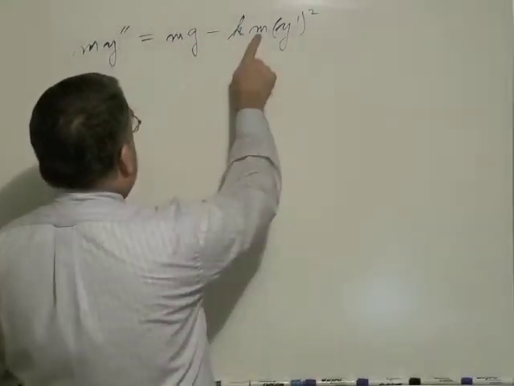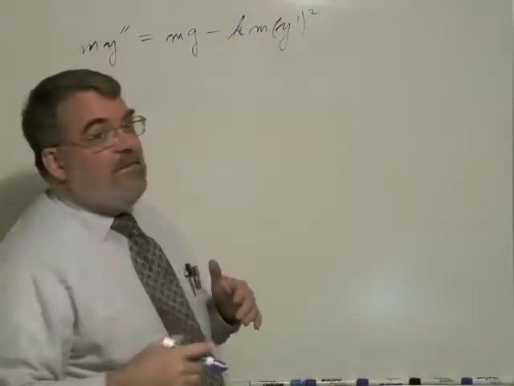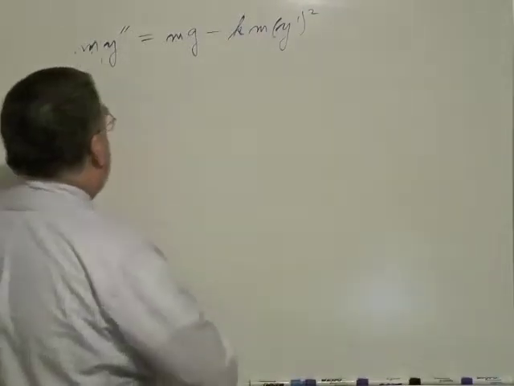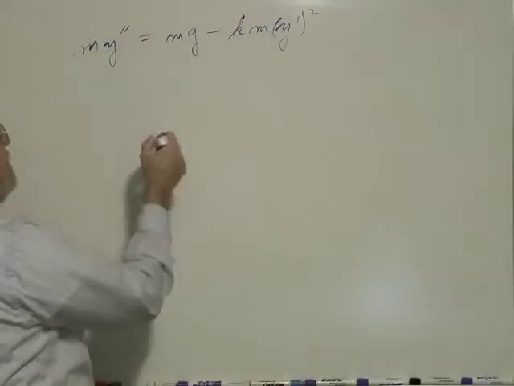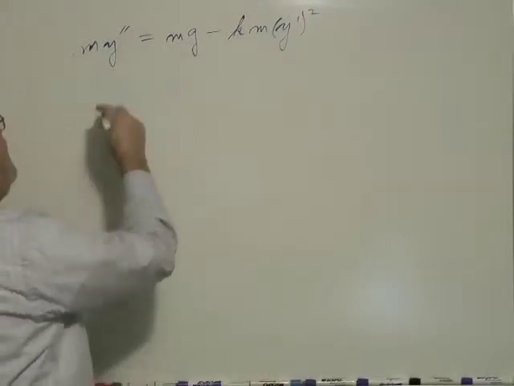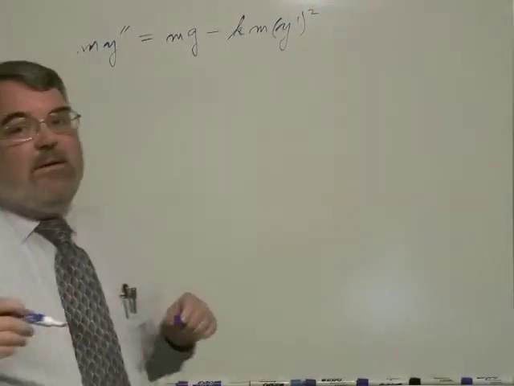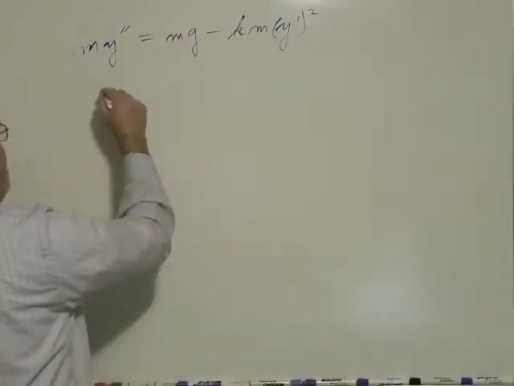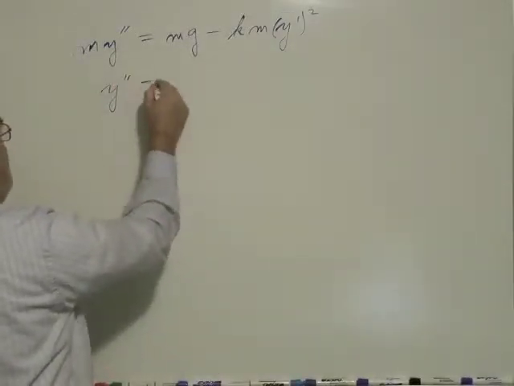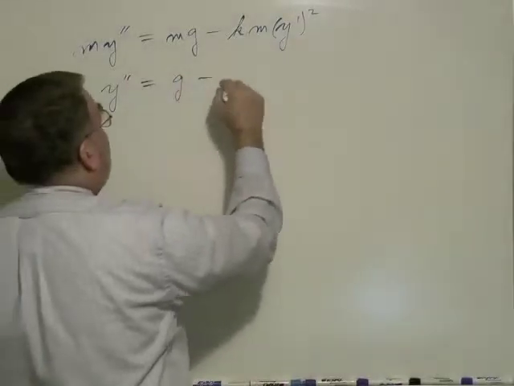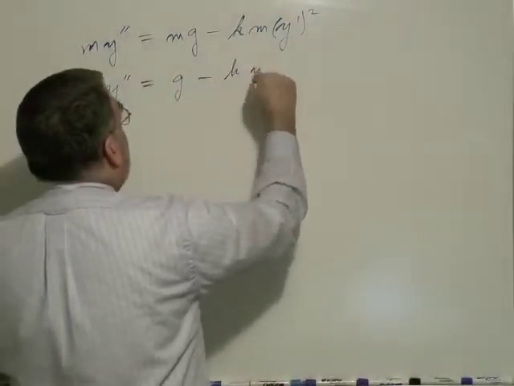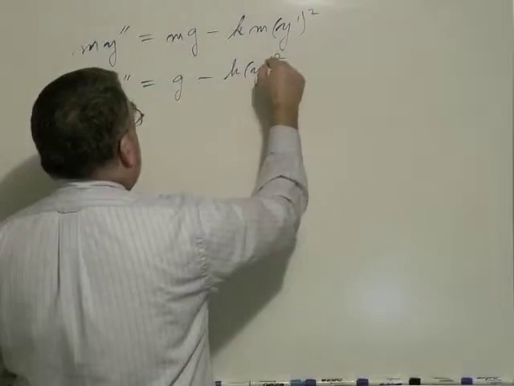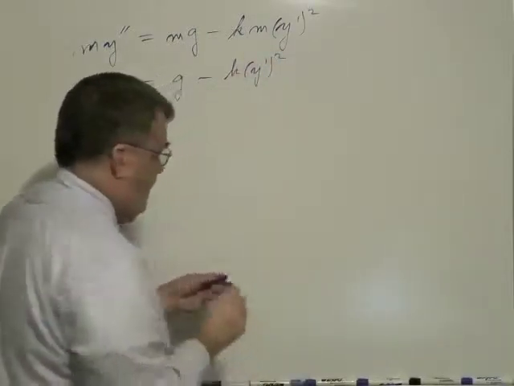Well, I like putting the mass here because this allows us to just cancel it off by division. So the mass really doesn't affect the free fall, at least in these models. So dividing mass out, we have y double prime equal to g minus k times y prime squared. So the square of the velocity is represented there.